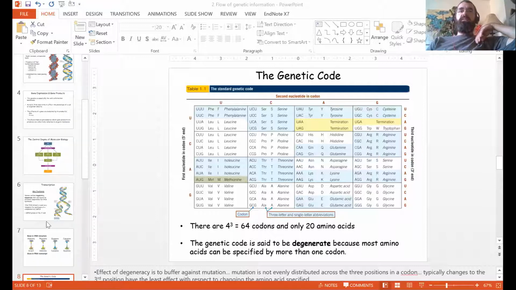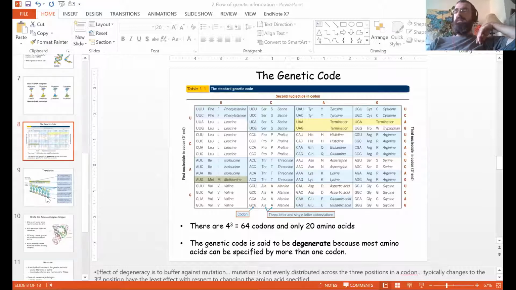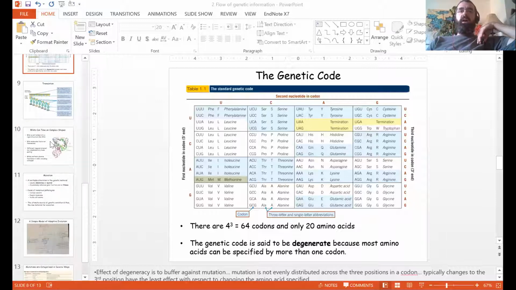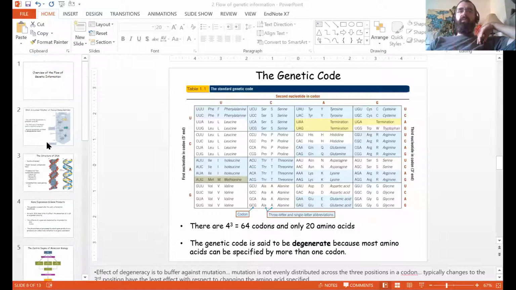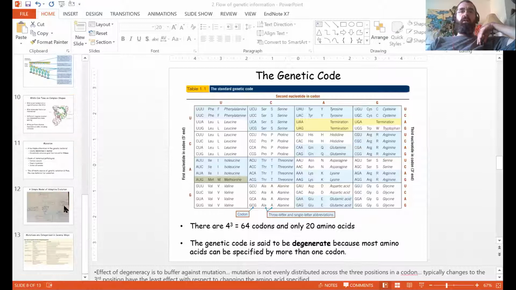So there is basic information that you need to know on here, but a lot of the information is basic enough. One of the main things you'll find on here, which we're not going to cover in great detail later on, are the different types of mutations.